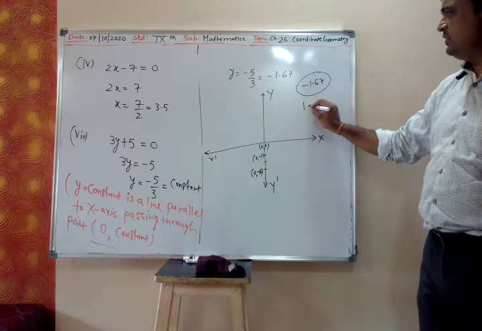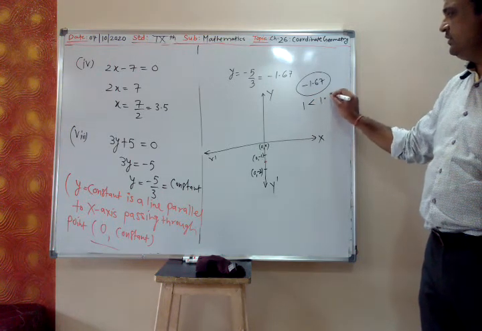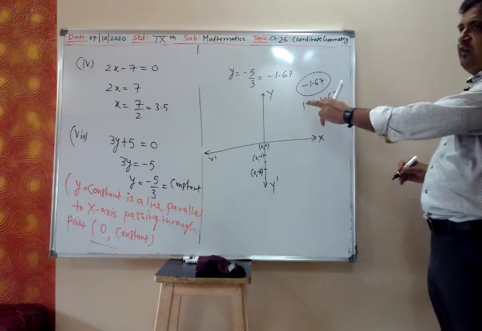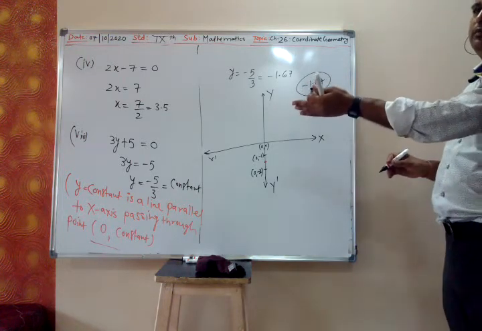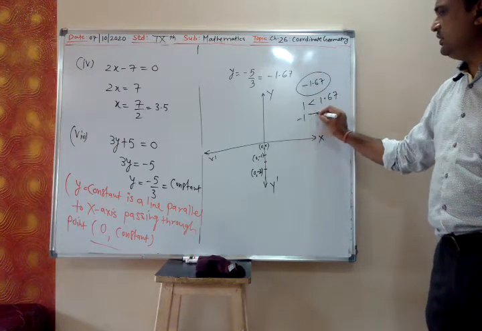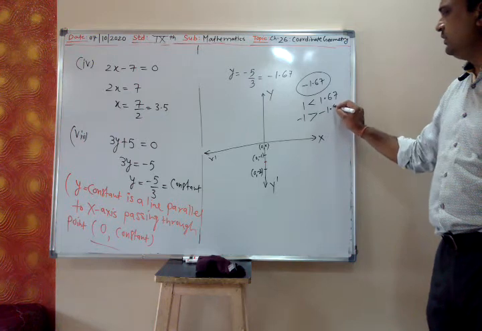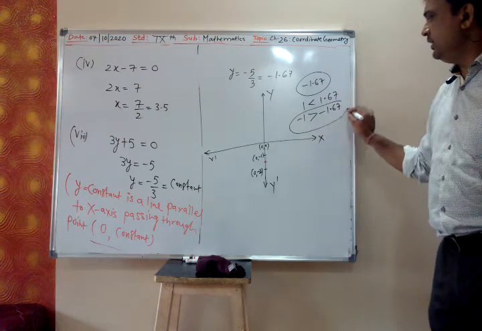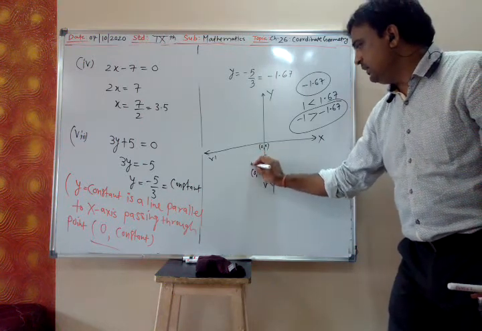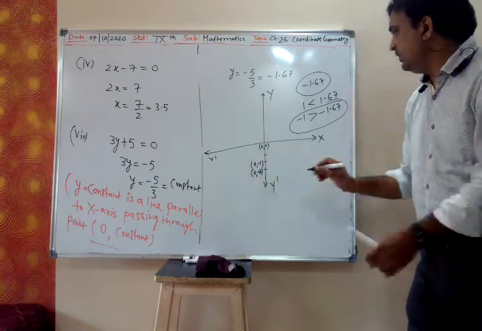Now see, 1 is less than 1.67, yes or no? 1 is less than 1.67. Now when you take the minus sign on both sides, the inequality reverses. So minus 1 is greater than minus 1.67.